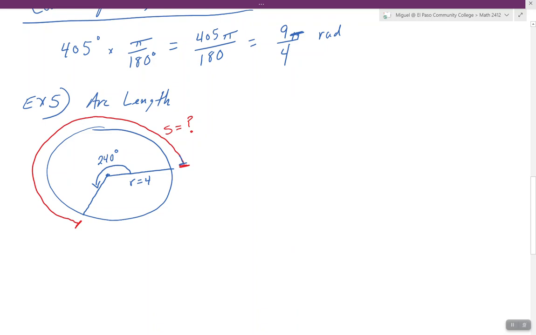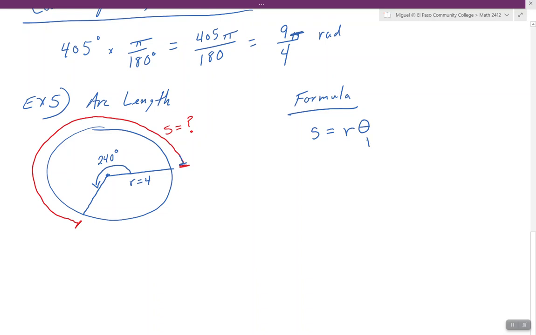We have a formula. For a circle of radius r, a central angle theta intercepts an arc of length s given by this formula you see there. S equals r times theta, where theta is measured in radians, so that's important.